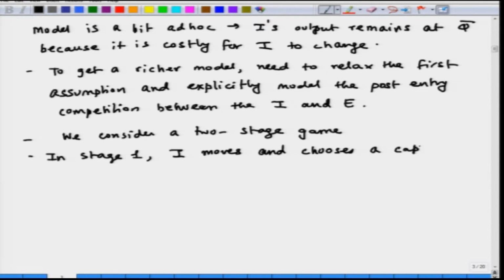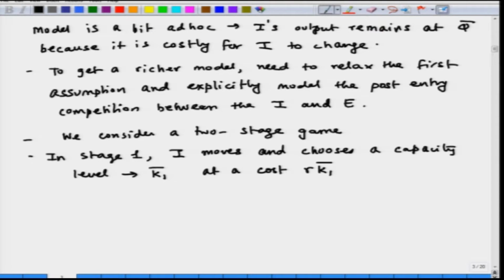Think of the capacity level as the size of the plant that the incumbent wants to build. So, in stage 1, the incumbent moves and chooses a capacity level, call that, let us say, K1 bar. So, this is the level of capacity that the incumbent chooses at a cost of R K1 bar. R is the per unit capital cost. So, R K1 bar is the fixed cost of capacity, right.